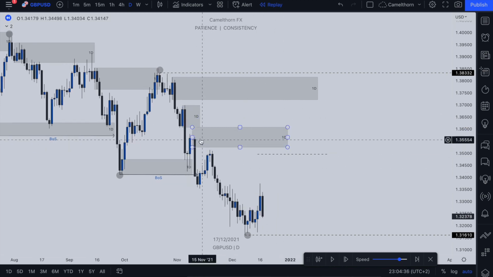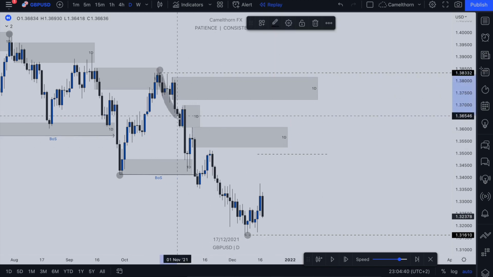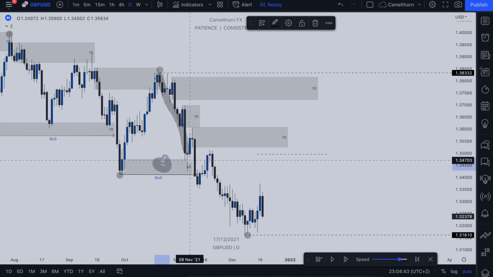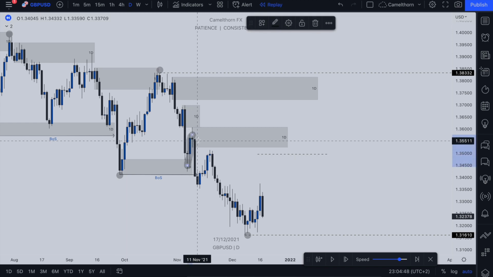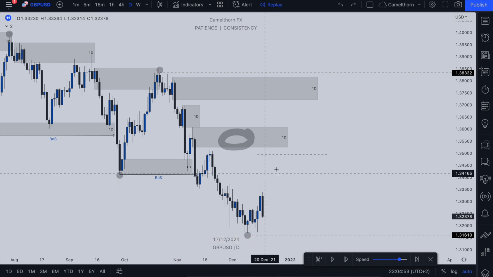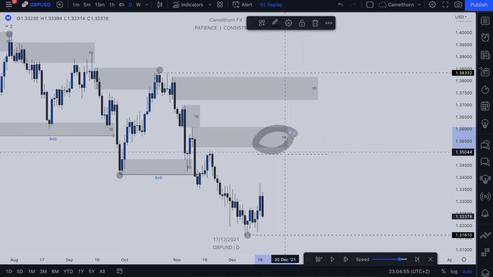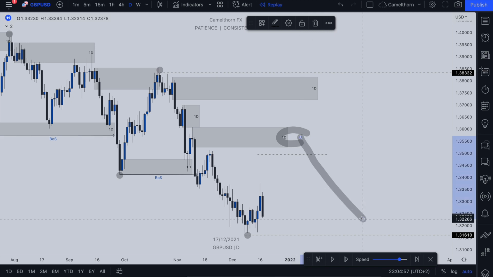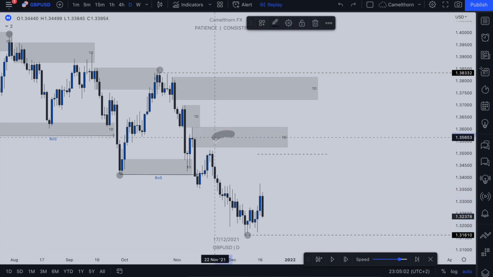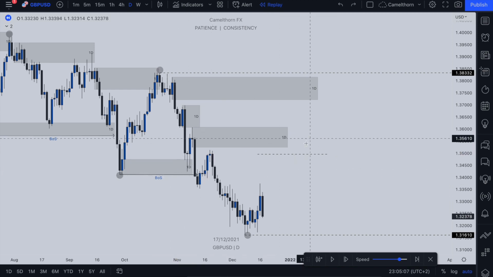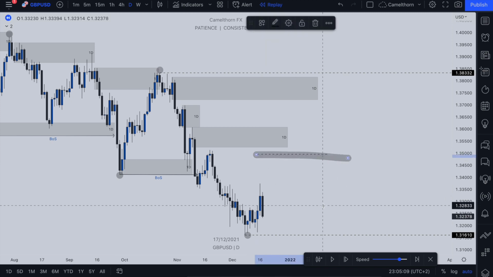We can also see that this zone is significant because we had price action come into demand. We had a really nice strong mitigation, a really nice strong reaction. Price action pushed up, but then this supply area caused this demand to fail. So this is now a really nice level for us to potentially look for price action to pull back towards and then continue lower. Not only is it significant because it led to the violation of this demand, but you can see that it also sits within our premium pricing.